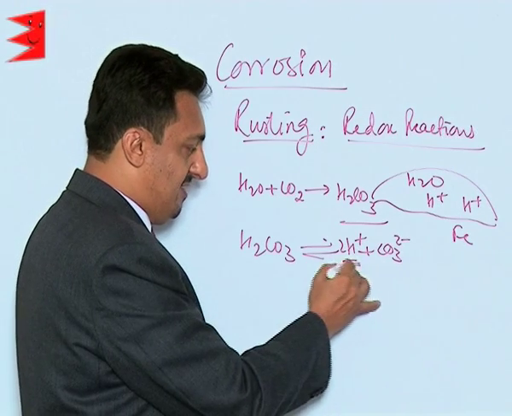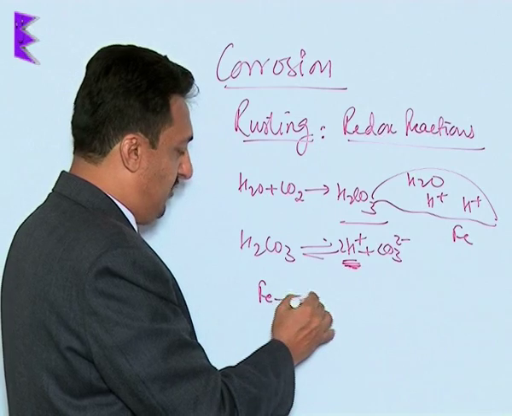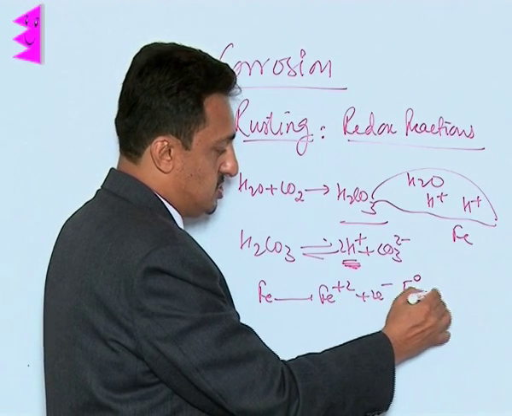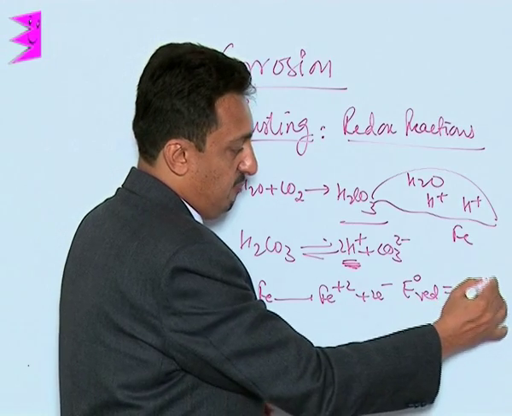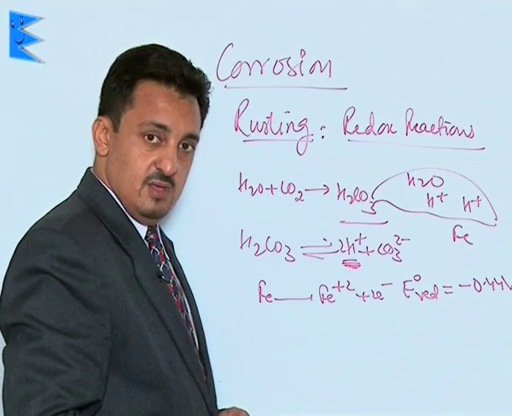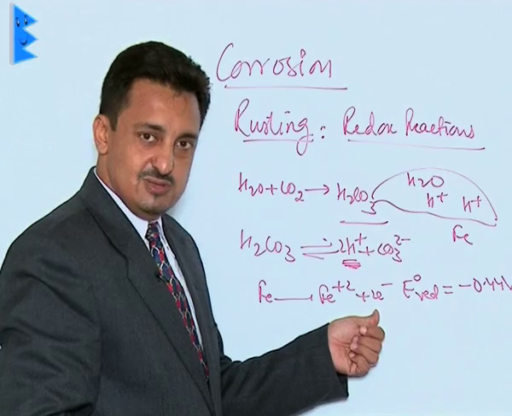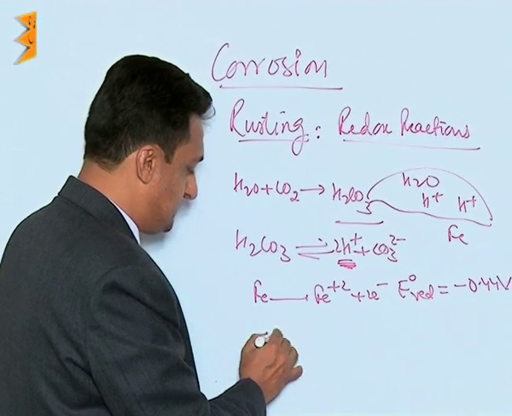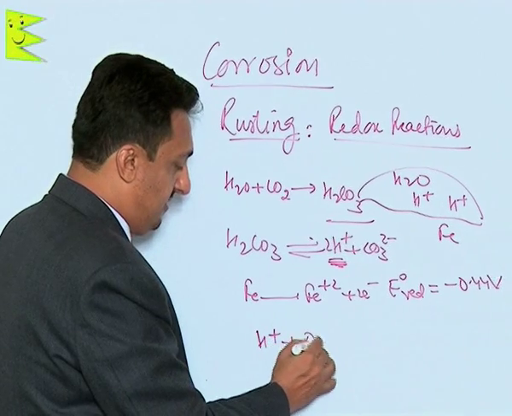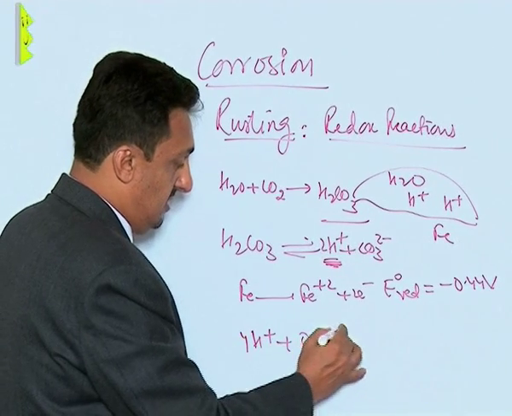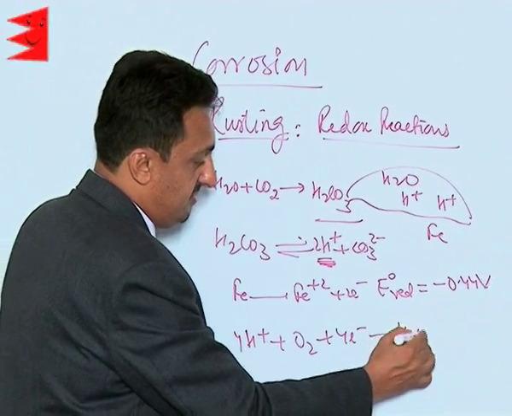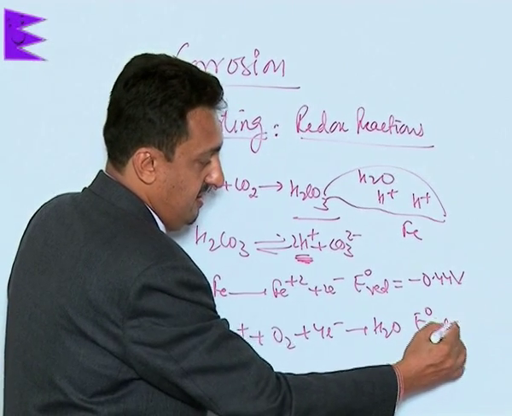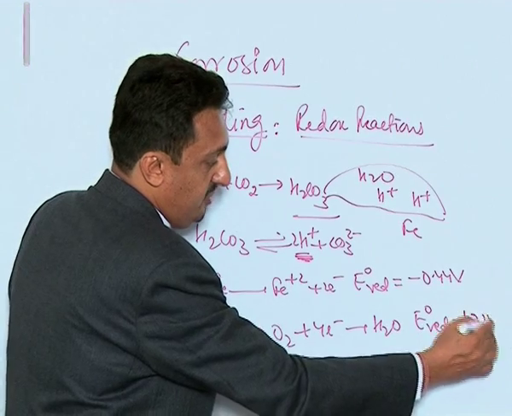Now due to the presence of these H plus ions, the Fe gets oxidized, which involves a reduction potential of minus 0.44 volt. Now who is there to accept these electrons? It is these H plus ions, which in presence of oxygen accept these electrons and form water, and the reduction potential of this reaction is 1.23 volt.